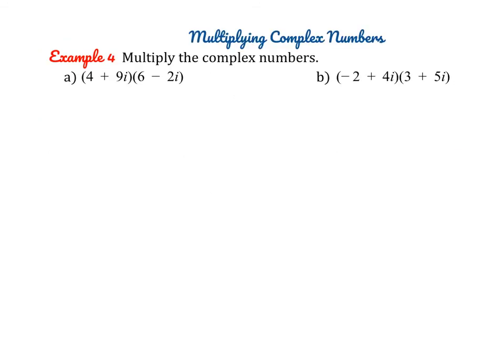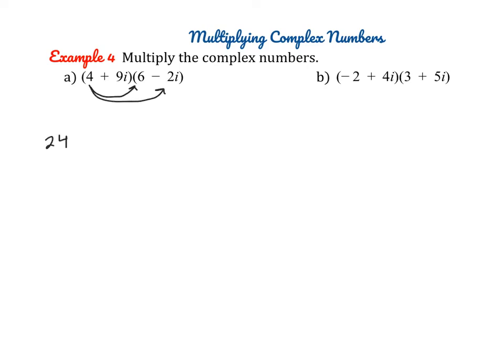So now that we know how to simplify powers of i, now we can multiply with complex numbers. So when we have 2 complex numbers that are being multiplied, we simply do our FOIL. We just are going to multiply it out like we would with any other 2 binomials. So for part A, we can start by doing 4 times 6, which is 24.